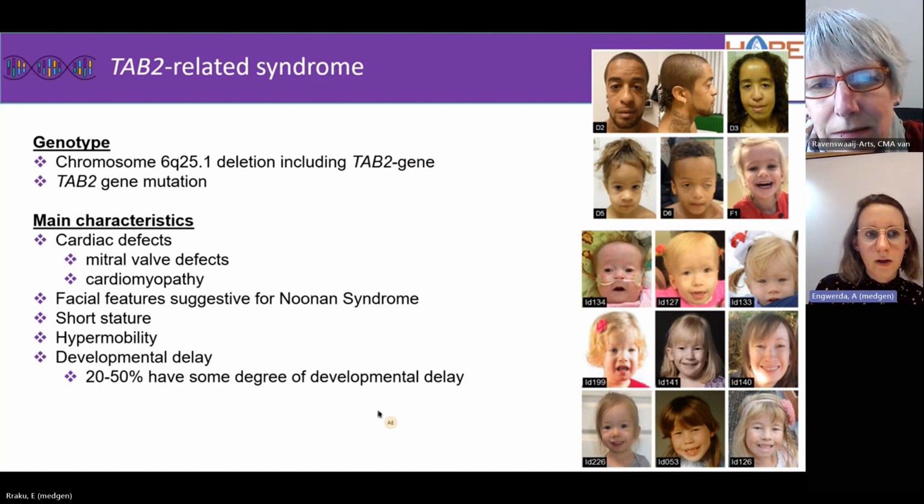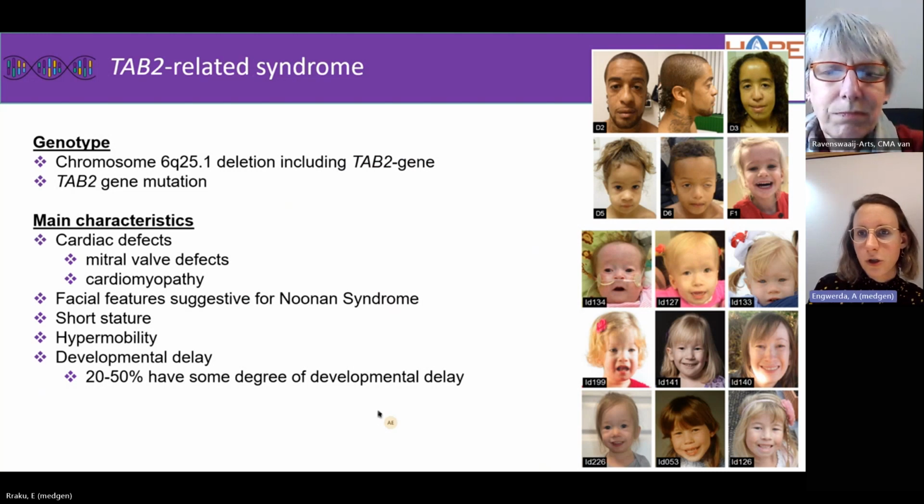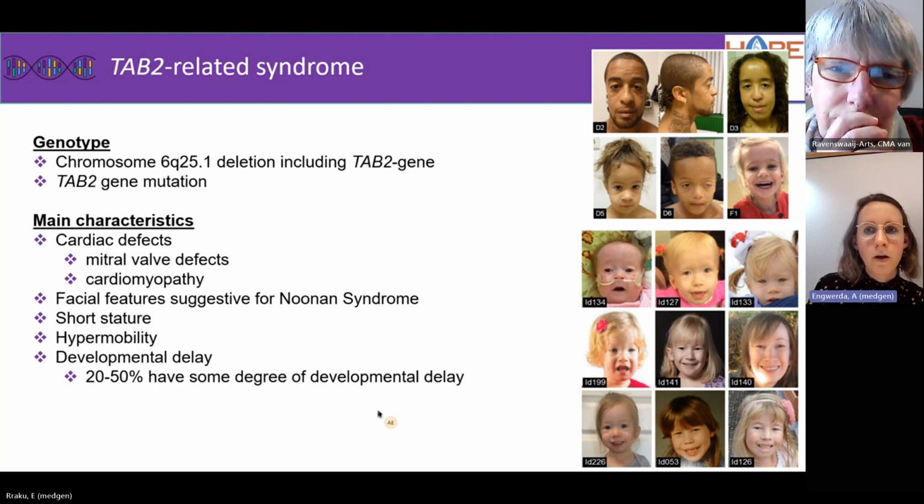And for both, it accounts that the main characteristics are that there are cardiac defects, mostly mitral valve defects, but also cardiomyopathy, which can also occur later in life. Facial features which are very suggestive for Noonan syndrome, a short stature, hypermobility, and developmental delay.